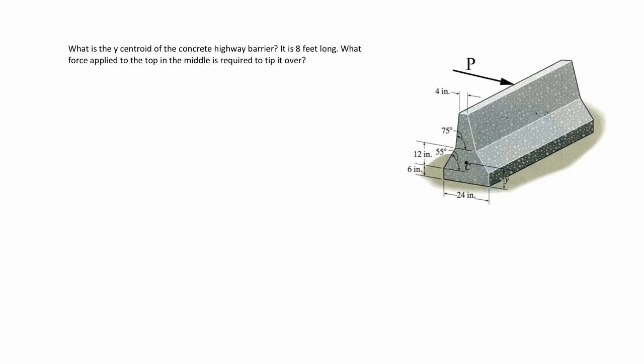All right, this last problem, I'm not going to do this one for you. I just wanted to point it out as a good homework problem. But at any rate, the concrete barriers have a predictable shape. They all look pretty similar to this, but you have to break this up into quite a few different pieces, different triangles and rectangles, all having their own little centroid and all having a distance from the base, the x-axis.